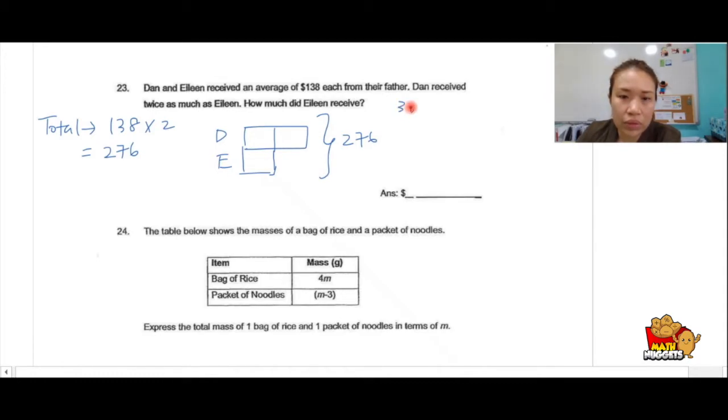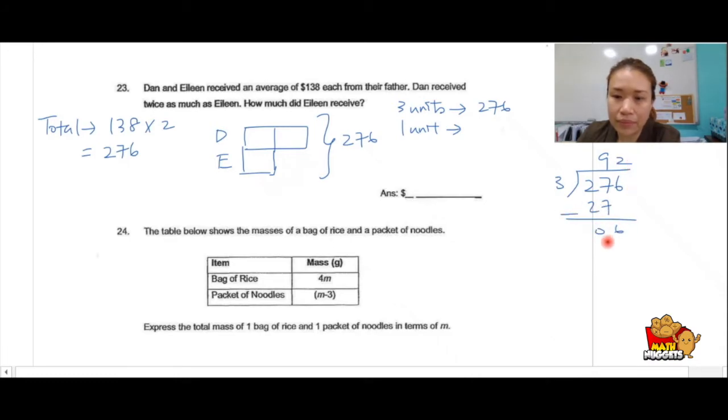So 3 units is 276. We want to find Eileen, who is 1 unit. So we take 276 divided by 3. So 1 unit is $92. That's Eileen.